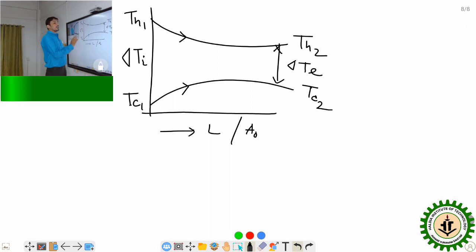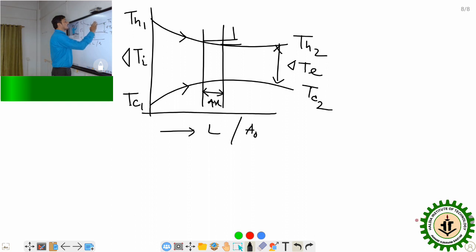Now for our analysis, we have taken an elemental section, for ease of calculation, so our focus is within this elemental section. The length of the elemental section is dx. Here you know this is another temperature difference.